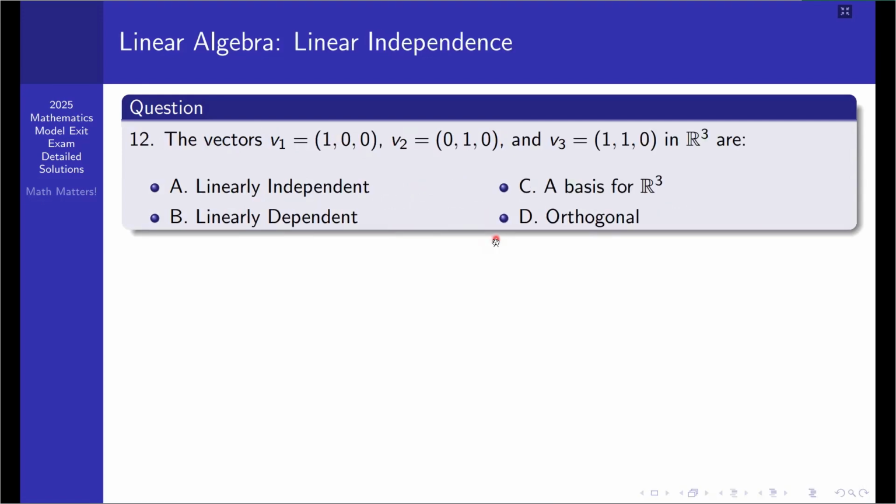Question number 12. The vectors v1 is equal to 1, 0, 0, v2 is 0, 1, 0, and v3 is equal to 1, 1, 0 in R cubed. They can be linearly independent or linearly dependent, a basis for R cubed, or orthogonal.